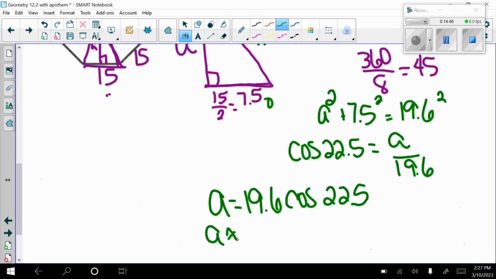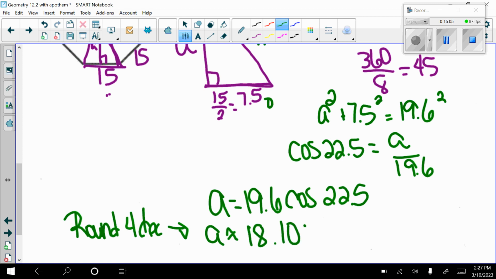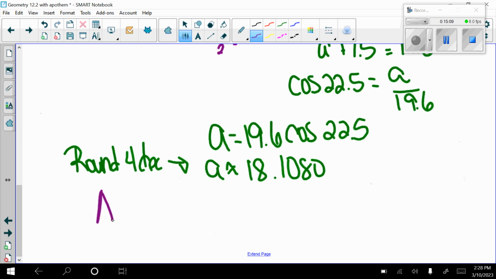When we solve this, we are not yet going to round to the nearest tenth. Here we're going to round to 4 decimal places, because we're not done, and we will round at the very, very end. So when I do 19.6 times the cosine of 22.5, I get 18.1080.